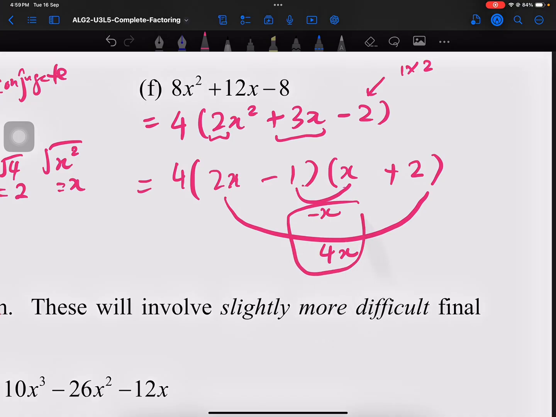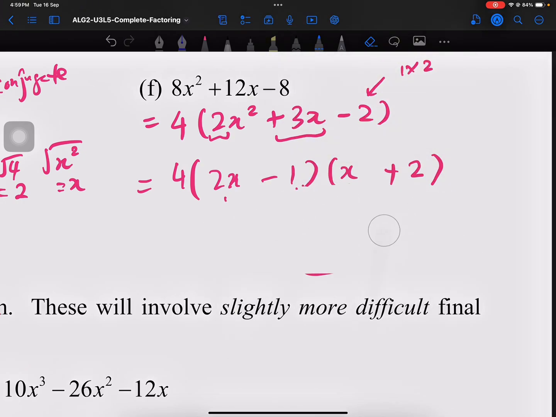So when we add this, it becomes plus 3x. So this combination is correct, and our factor will be this. If you're not confident, you can try to multiply using the FOIL method and expand everything, then expand the 4 inside.